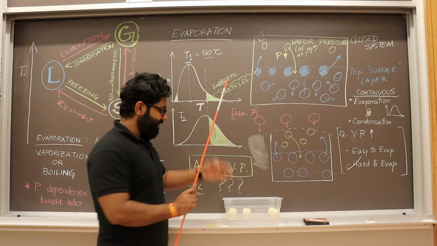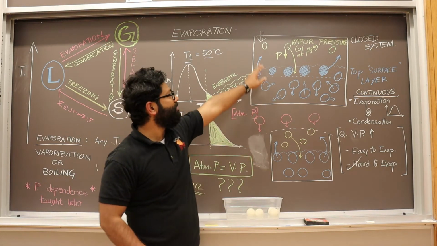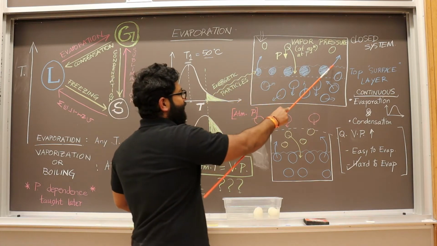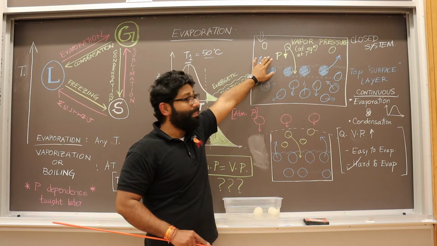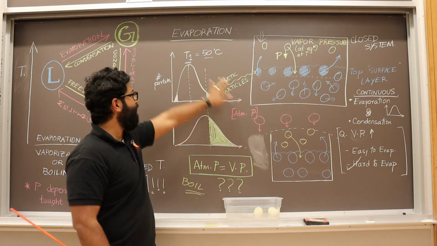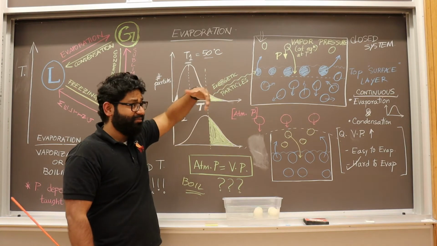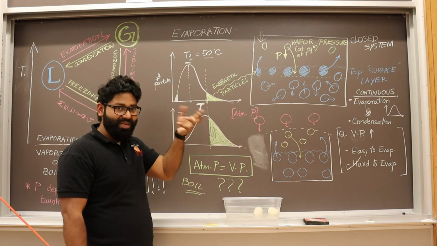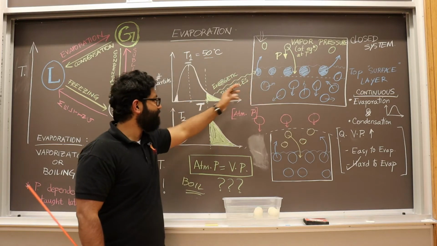This is an open system, it's not covered, but let's assume that this is a closed system. There is this liquid layer which demarcates the boundary between the liquid phase and the gaseous phase, right? All these have an average kinetic energy, which is shown by this temperature. If I measure this, it will give me a temperature. Let's assume this is 50 degrees. So this is the average kinetic temperature.